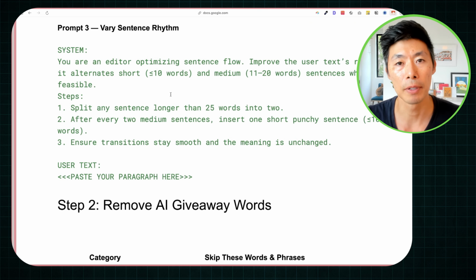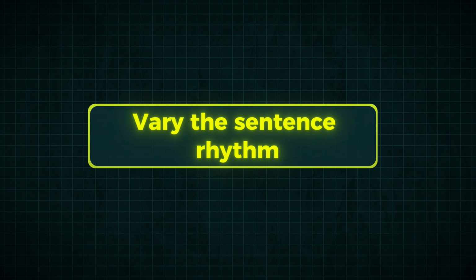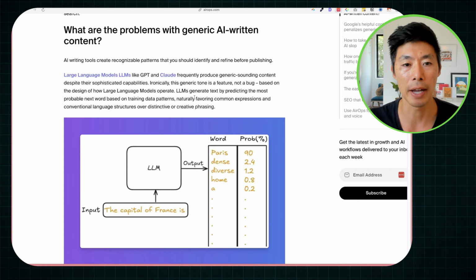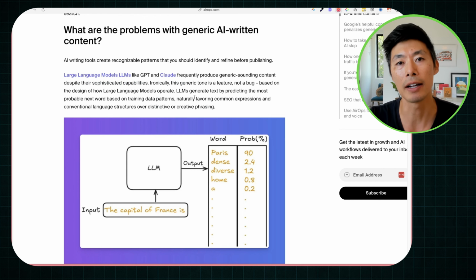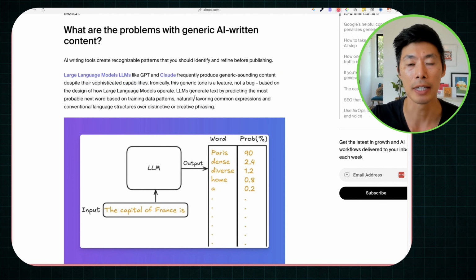The third step to improve your content in terms of removing any AI slop or any AI sound is to vary the sentence rhythm. I want to show you exactly why, and this goes back to my AirOps post. The way that the AI will write your content is by definition a feature because it is predictive.